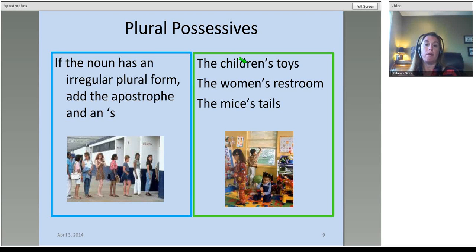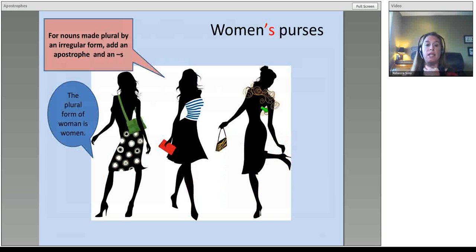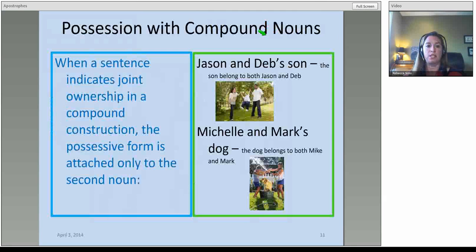So the apostrophe S doesn't make it plural, only possessive. Mice is the plural form of mouse. So that made it plural. The apostrophe S makes it possessive. It's a little tricky. Again, you change irregular nouns to the plural form and then add the apostrophe S.